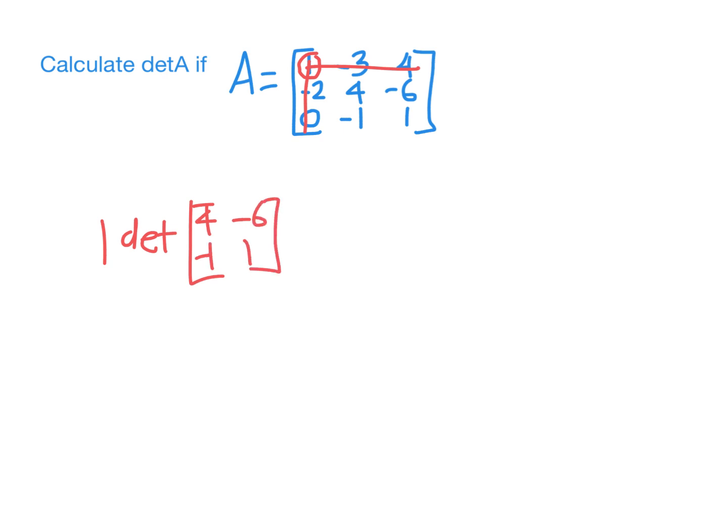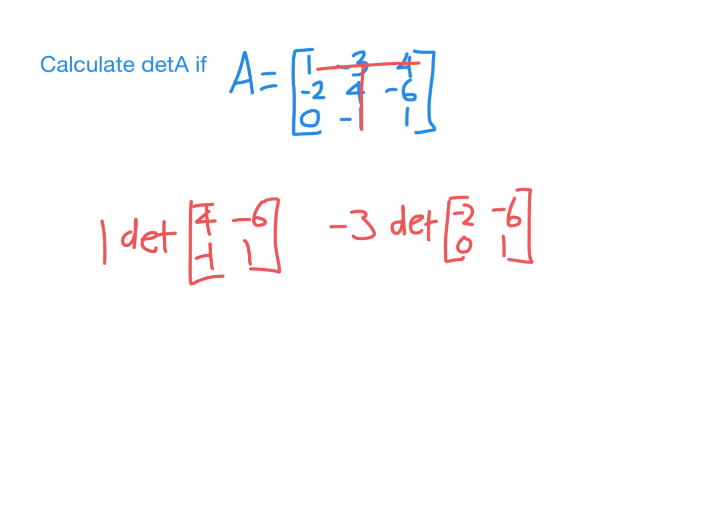So now I'm going to do the same thing to the next element of the first row. So that is -3. So if I cross out its column and row, I'm left with a 2 by 2 matrix for which I calculate the determinant. So that's -2, -6, 0, 1.